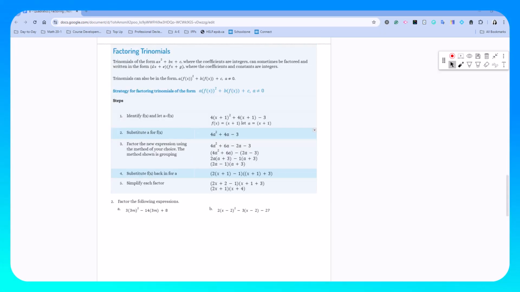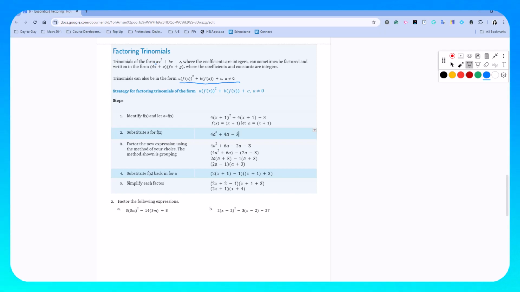Okay, now we're going to use the same type of substitution method to factor trinomials of the form a equals f of x squared plus b f of x plus c, where a is not equal to 0.